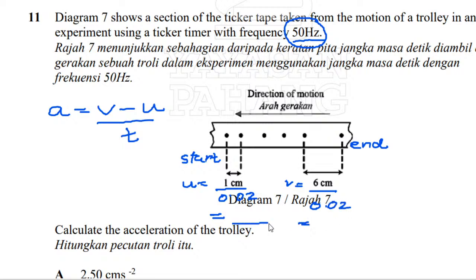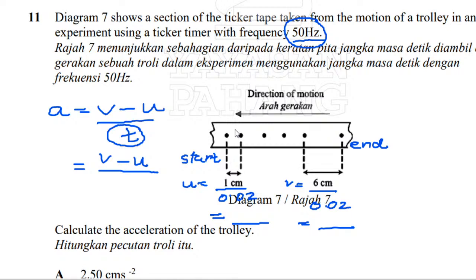After that, the answer that you have here, put it in here. For the time taken, you calculate V minus U divided by T. This T is not the total time. This is the time for the change in velocity. So normally we count the total dot space minus 1.